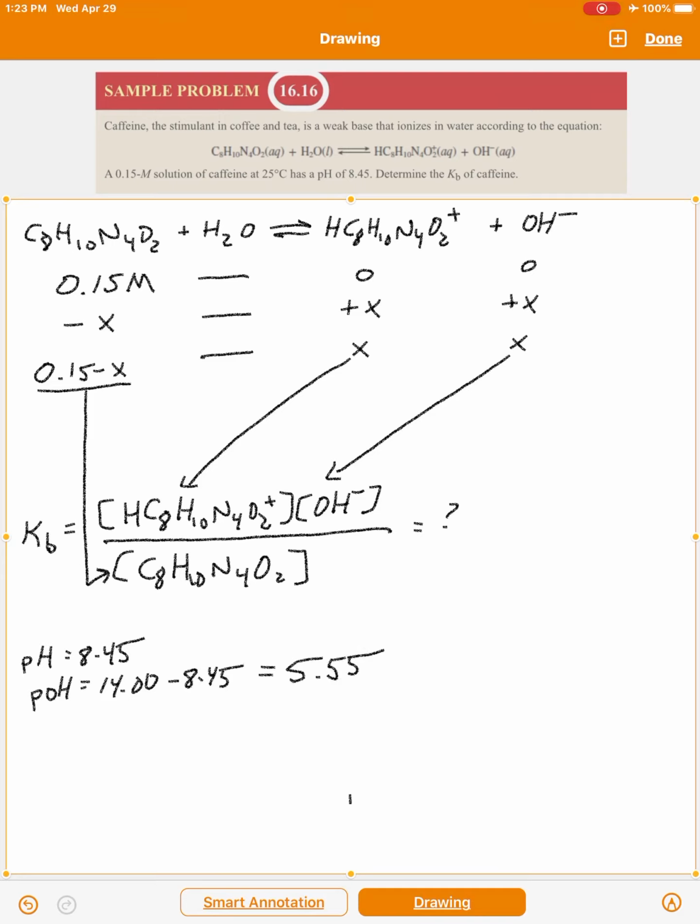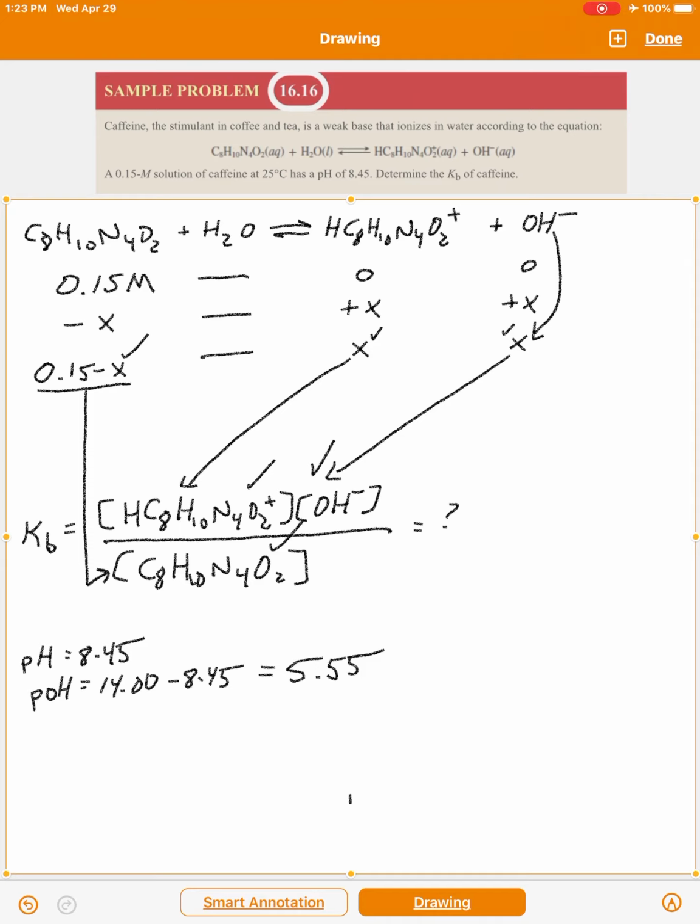Now why is that important? That's important because hydroxide is x. If we can calculate what the hydroxide concentration is, that gives us x. And we can plug it in here, here, and there, and that means we're going to have all three of these values, and that gives us the value of Kb.